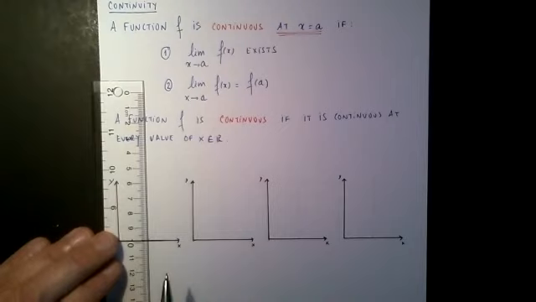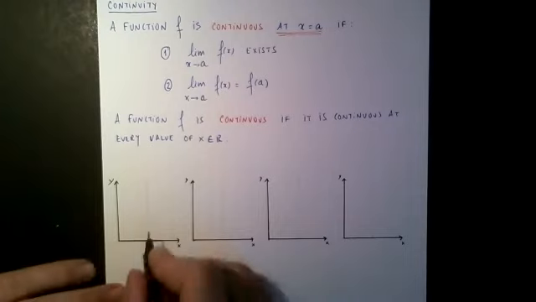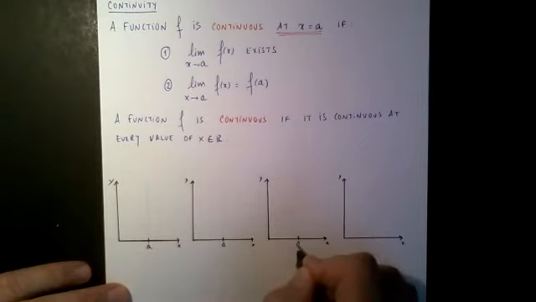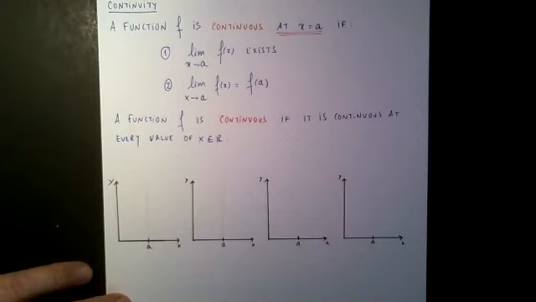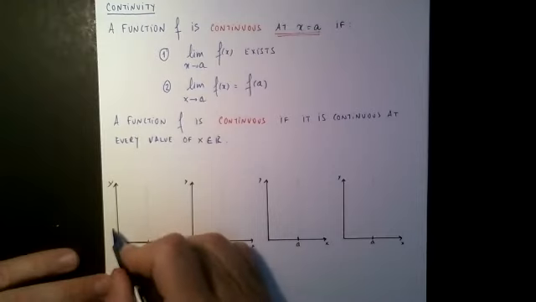Okay, so we did a bit of continuity a few classes ago. Okay, you just didn't know it because I didn't give you the definition. You will see. It's the first case. So in all cases here, this value here is A. And I'm going to draw a function now for each case. Okay, so first one, let's say I have a function like this.